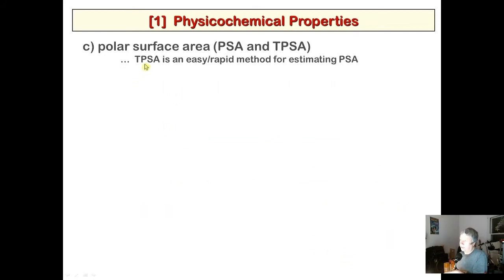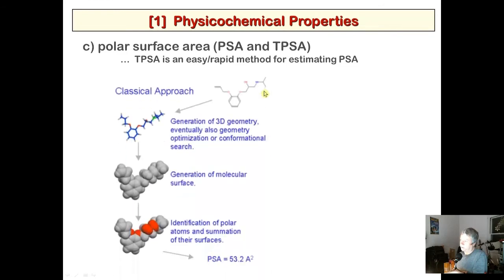TPSA is called topological polar surface area. It's a really easy, rapid way to estimate the polar surface area. So rather than doing PSA, we'll do TPSA. What's the difference? This just shows a random molecule.